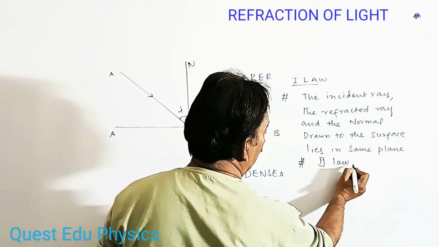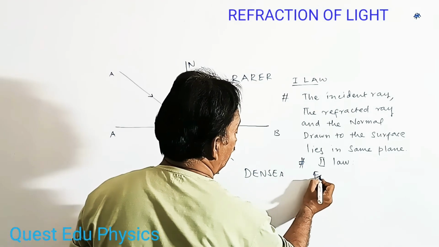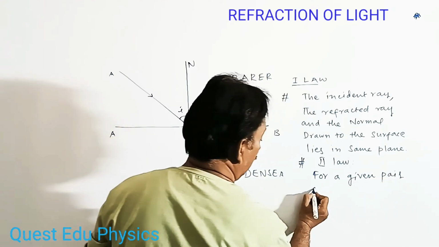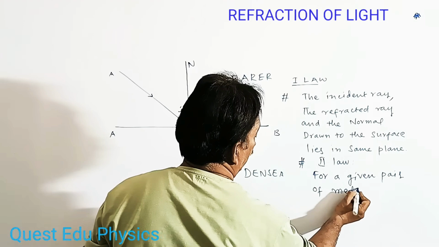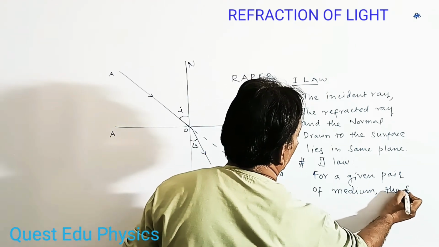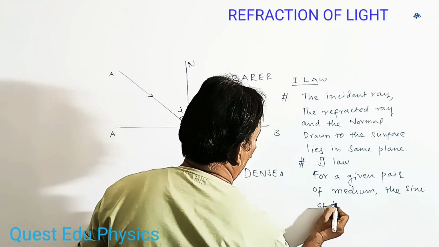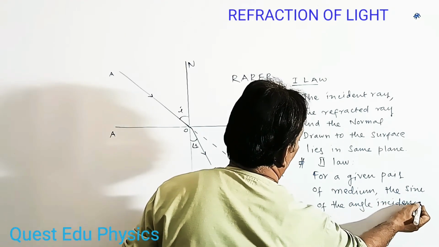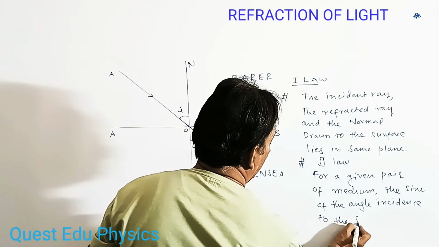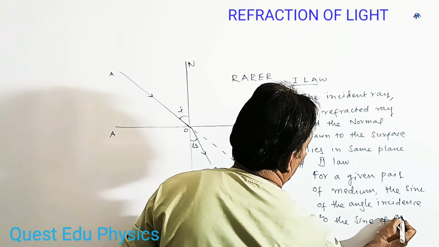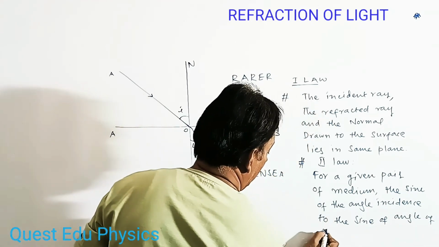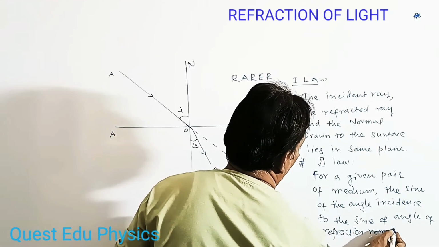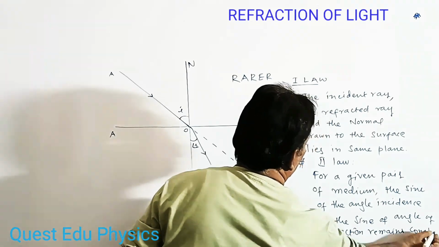It tells us that, it is important, students, for a given pair of media, the sine of the angle of incidence to the sine of angle of refraction remains constant. It's the second law, students.